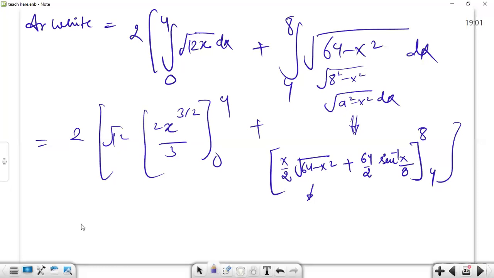So putting 8 here, the 8 by 2 will become 4 and this will simply become 0 for 8. And 64 minus 64, 0 into 0.